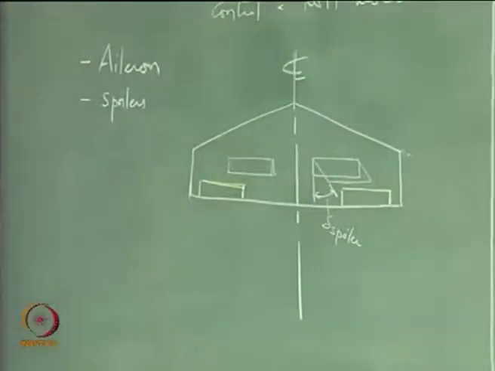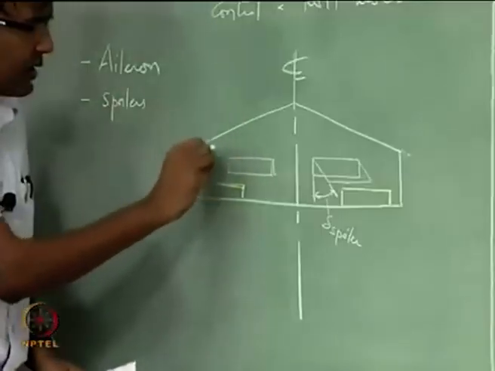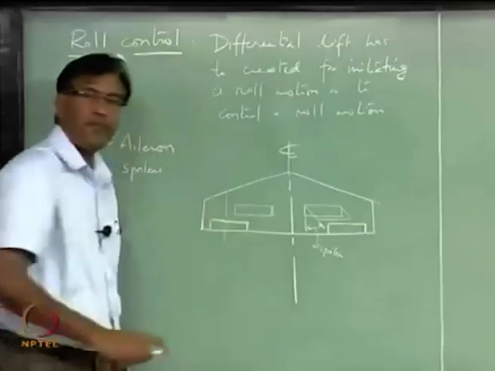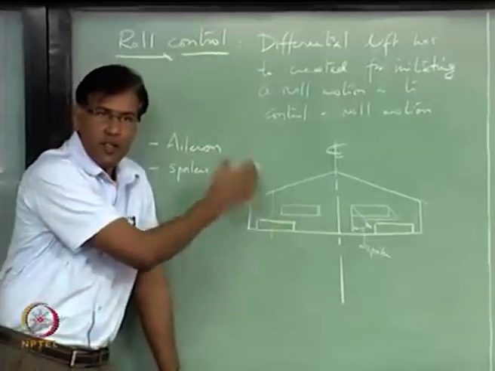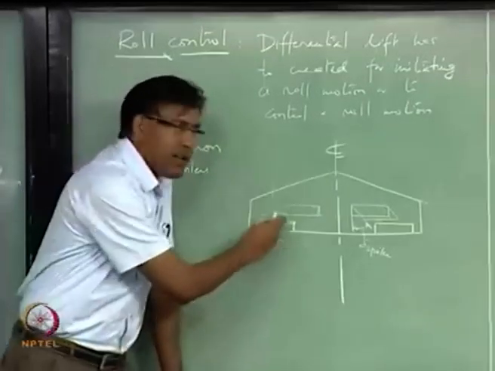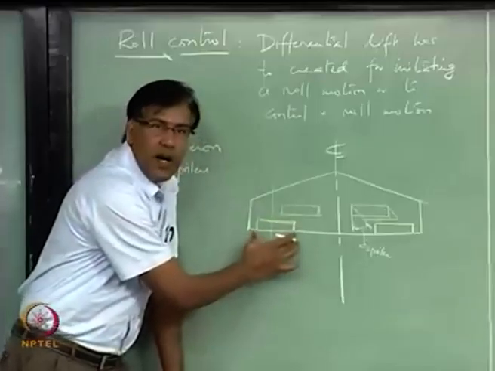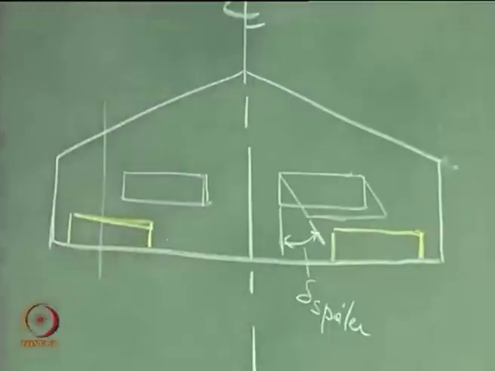Now I can change the camber of the wing by deflecting aileron at these locations, so that I can change the lift by some amount, so that I can get roll.